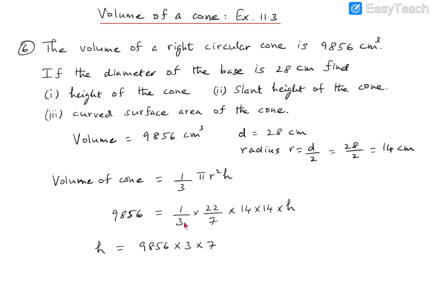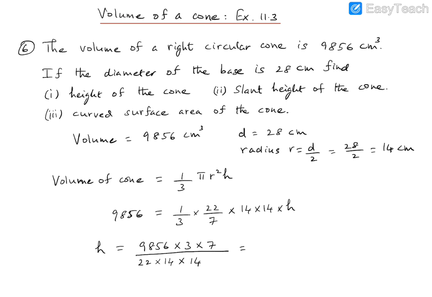Okay, so the 3 at the denominator here, when it goes to the other side, it goes to the numerator. Similarly for the 7, it goes to the numerator, and all the numbers on the numerator will come to the denominator. So we'll have divided by 22 into 14 into 14, and we can solve this to get our answer for h.